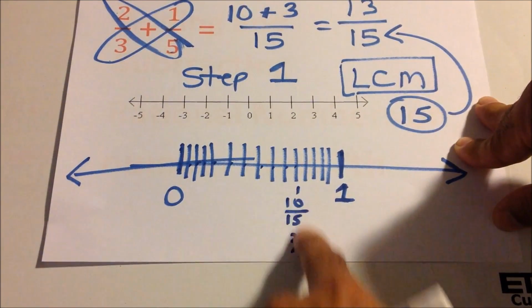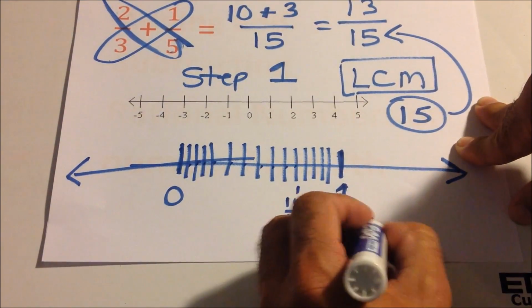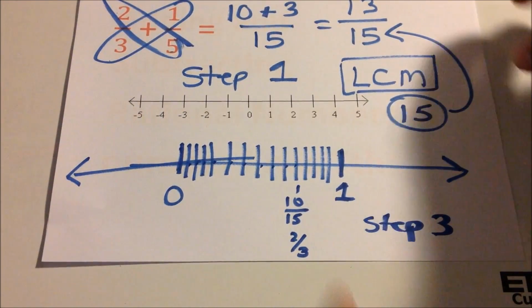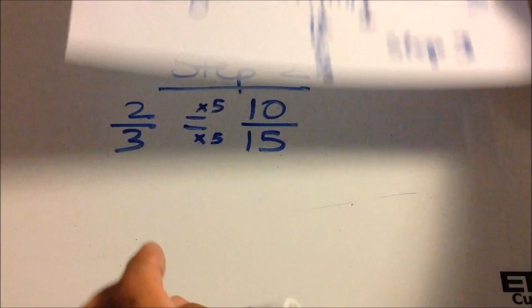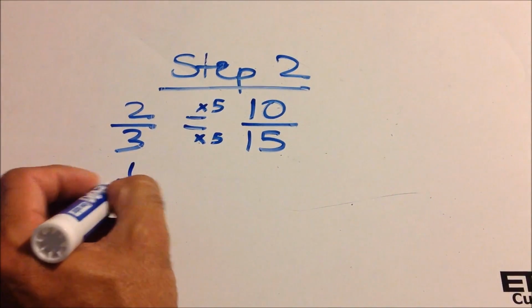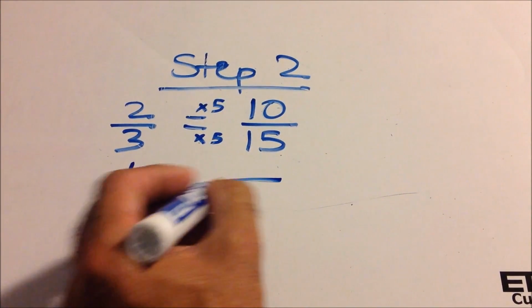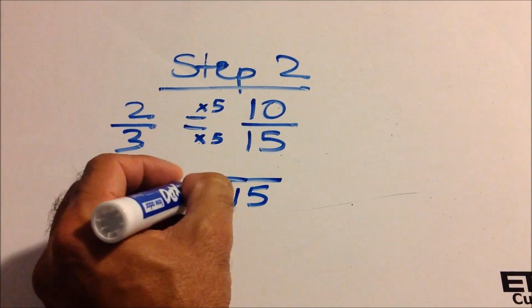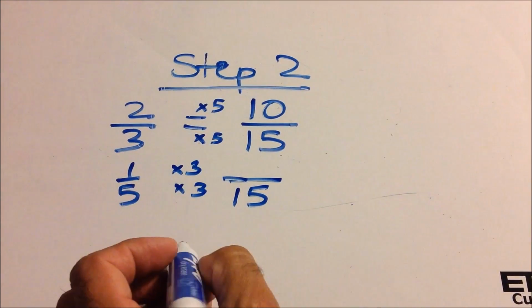So that would be step 3. Now step 4 is to do the other fraction, 1/5. So we have 1/5, right? And we have 15. So 5 times 3 is 15. So we have to do the numerator by the same amount.